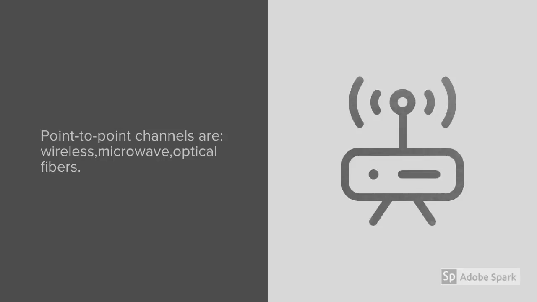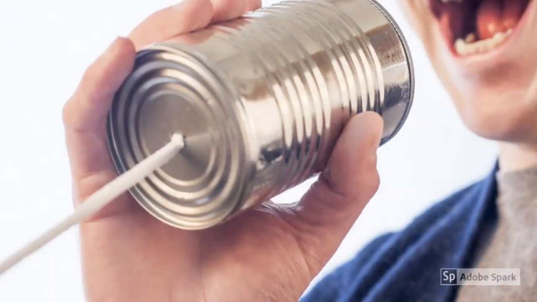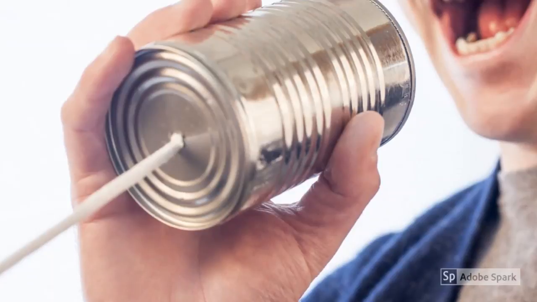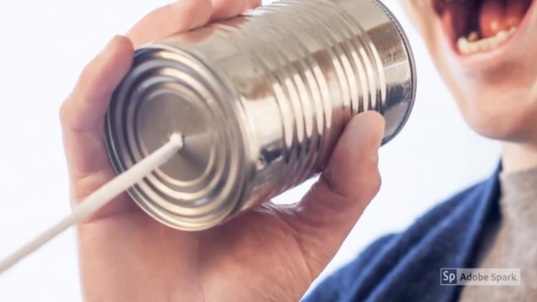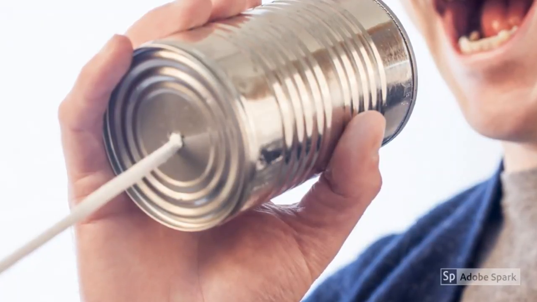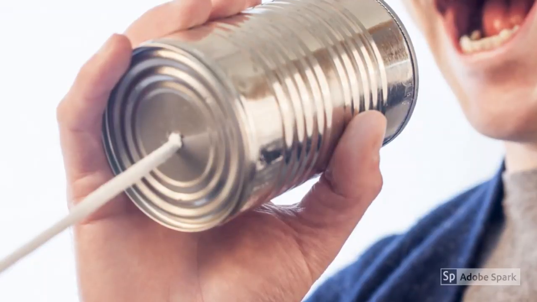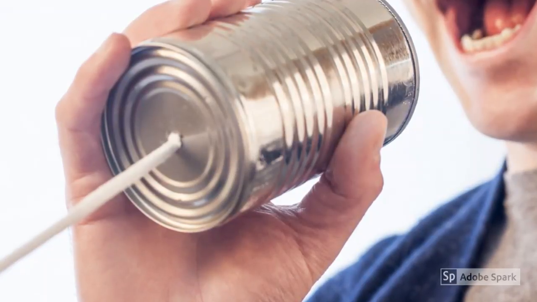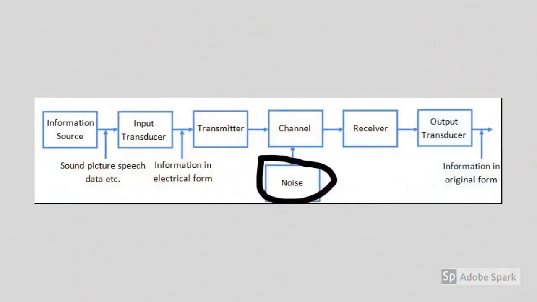They all provide a physical medium for transmission from one point to another point. Therefore, these channels are named point-to-point. On the other hand, a broadcast channel provides a capability where several receiving stations can be reached simultaneously from a single transmitter.